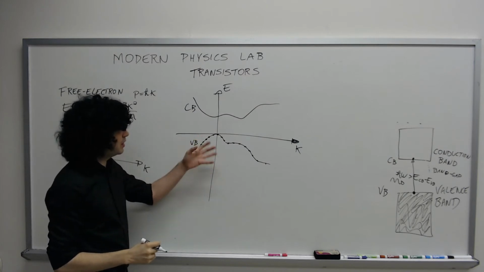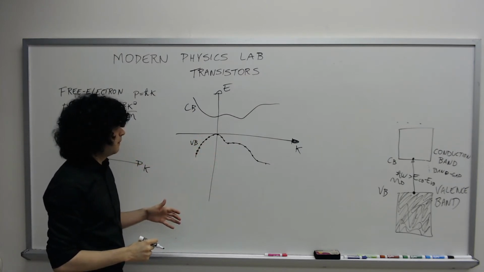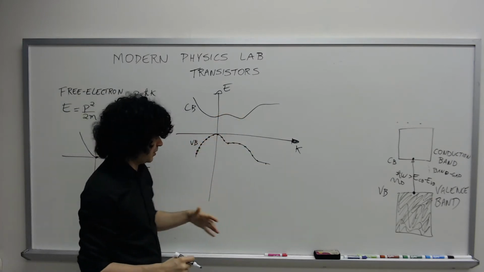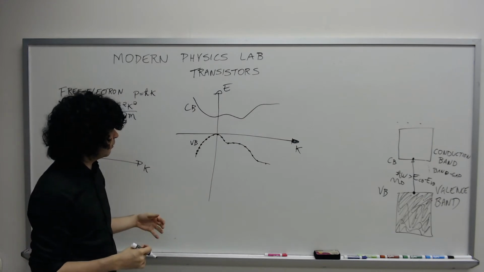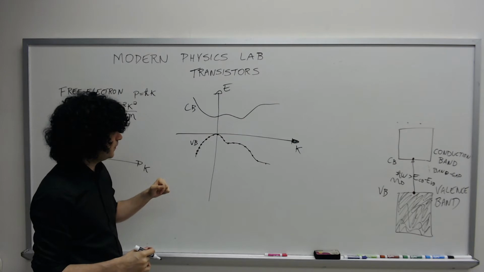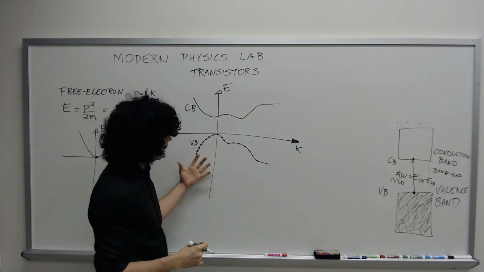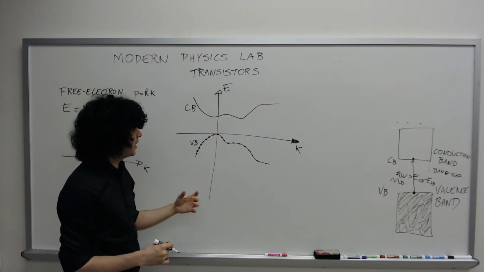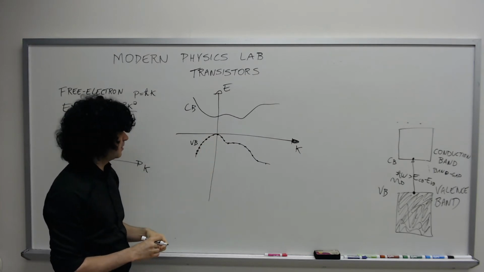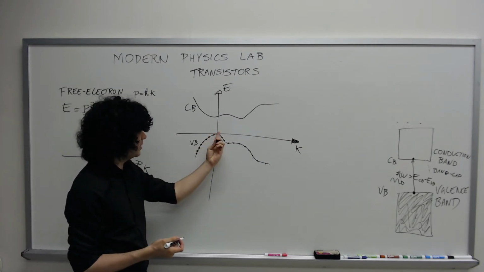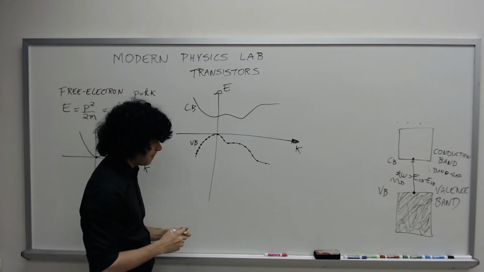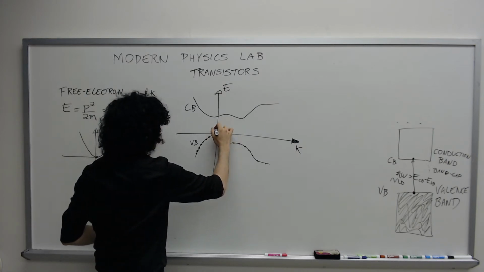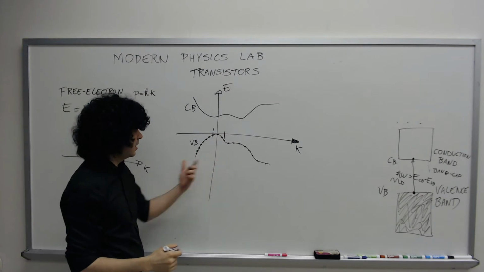The relationship of the energy of the electron as a function of the momentum in the lattice is no longer parabolic, but at least close to k equal to 0, you can use a Taylor expansion and show that this is approximately a parabola. So from now on, we will focus our attention around this area, close to k equal to 0.